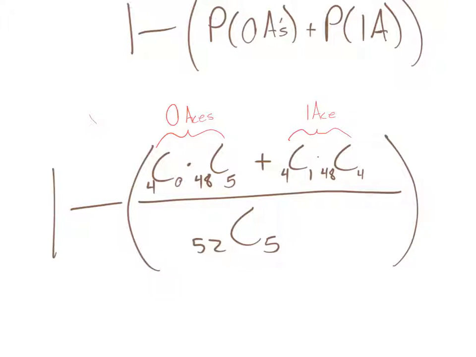Notice both hands, they add up to 5 cards out of a total of 52. Okay? 4 and 48 is 52, 0 plus 5 is 5. 4 and 48 is 52, 1 and 4 is 5. So I'm still getting a 5 card hand both times.